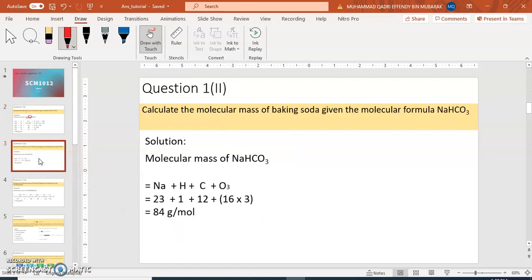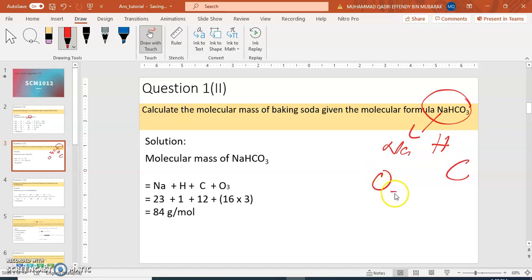This question asks us to calculate the molecular mass of sodium bicarbonate, the baking soda. The molecular formula of baking soda is NaHCO3. So again, here we have Na, hydrogen, carbon, and 3 oxygen. That's why we have NaHCO3.